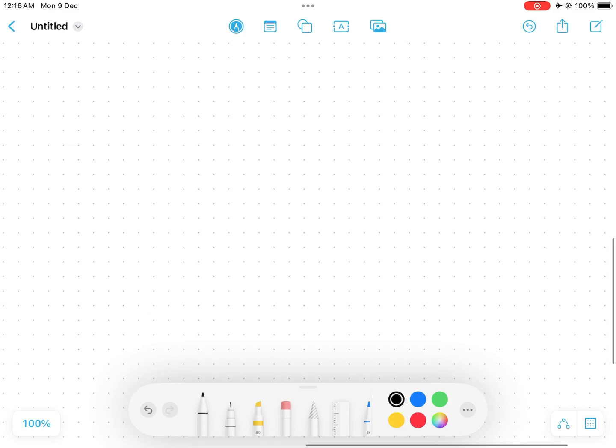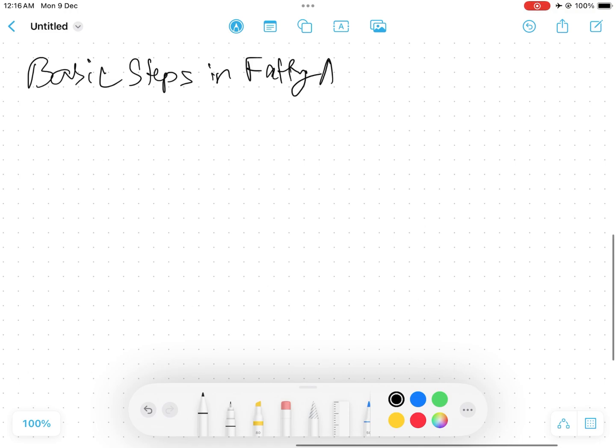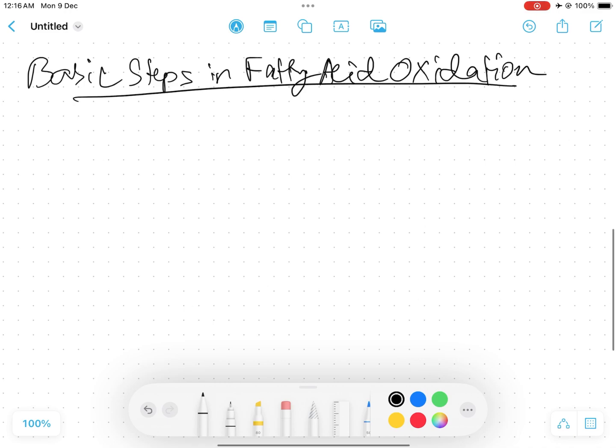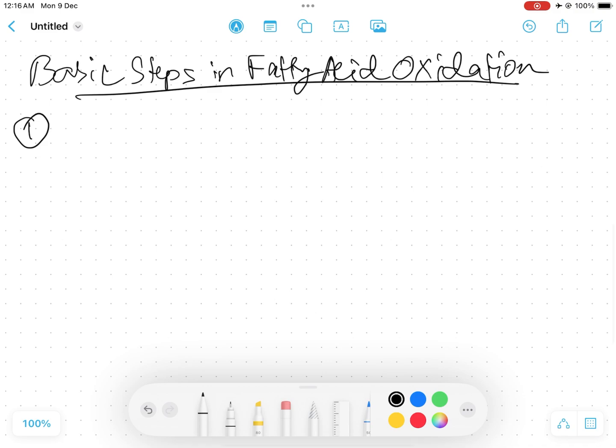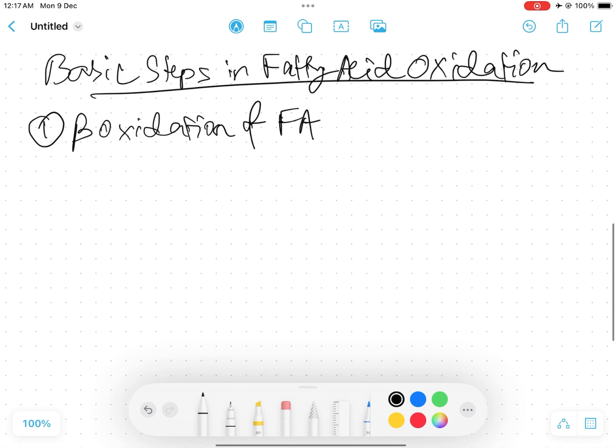So today we are going to discuss the basic steps in oxidation of fatty acids. There are three basic steps in fatty acid oxidation. The first stage involves the beta oxidation of fatty acid, which we will discuss in detail.